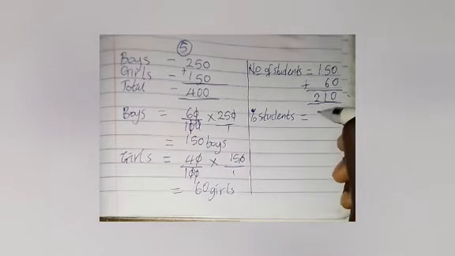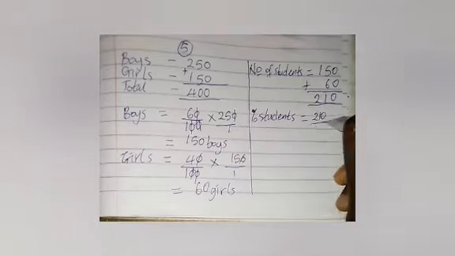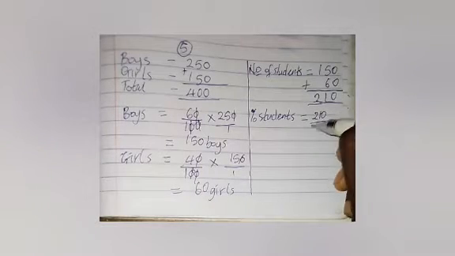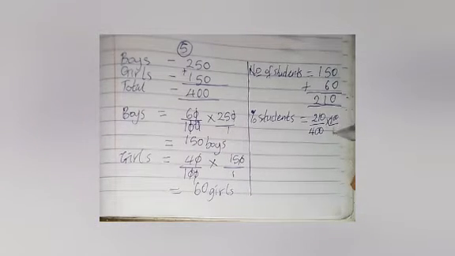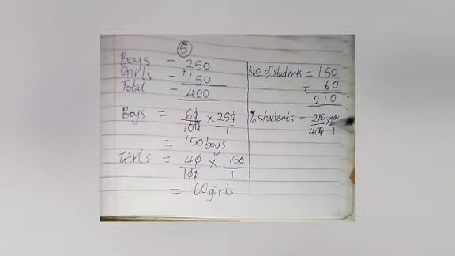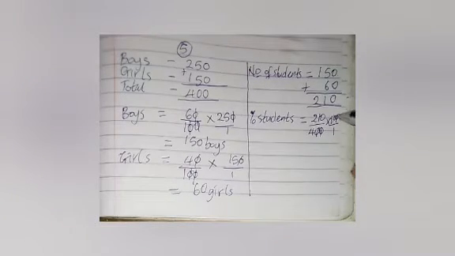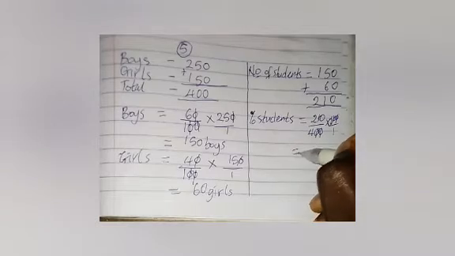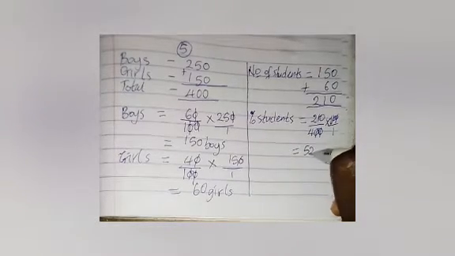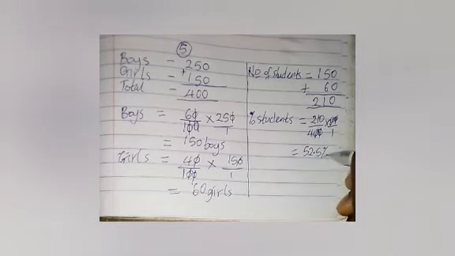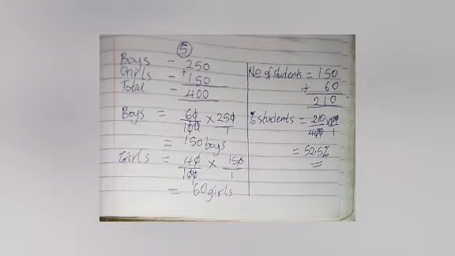And this will be 210 students that played football all over the total number of students, which is 400 times 100 over 1. We divide through. 210 over 4 gives 52.5%. This is the percentage of those that played football.